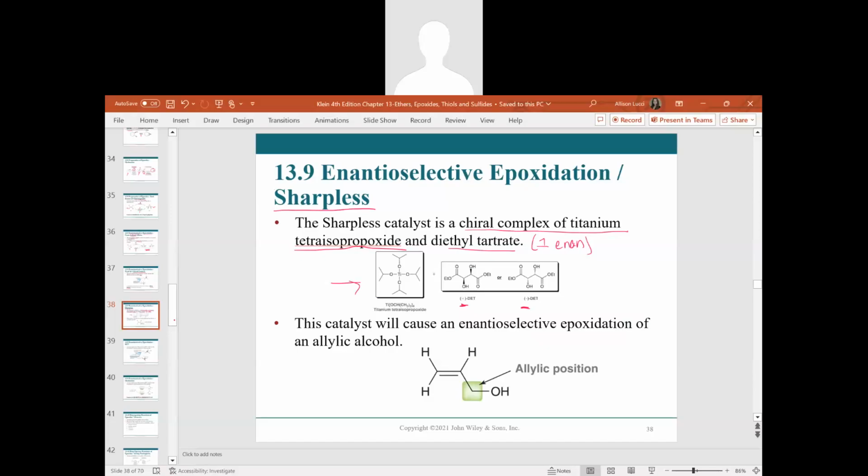And this catalyst would cause this enantioselective epoxidation of an allylic alcohol.